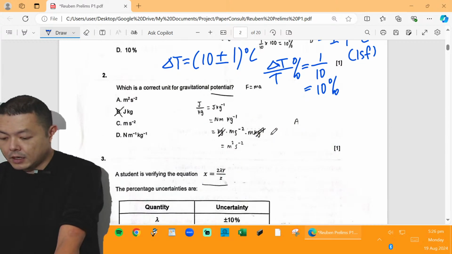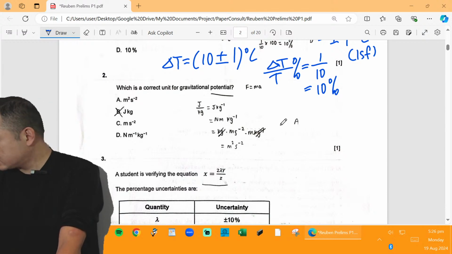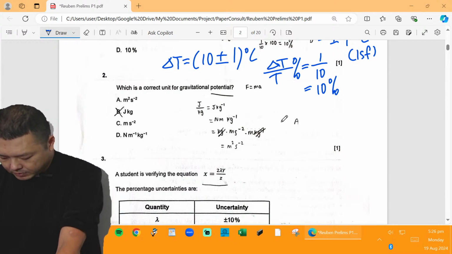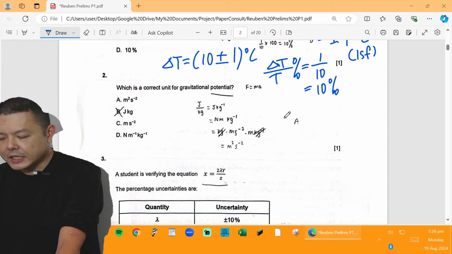Next one, gravitational potential. This is a bit tricky though. If they ask you for gravitational potential, this will be joules per kg.